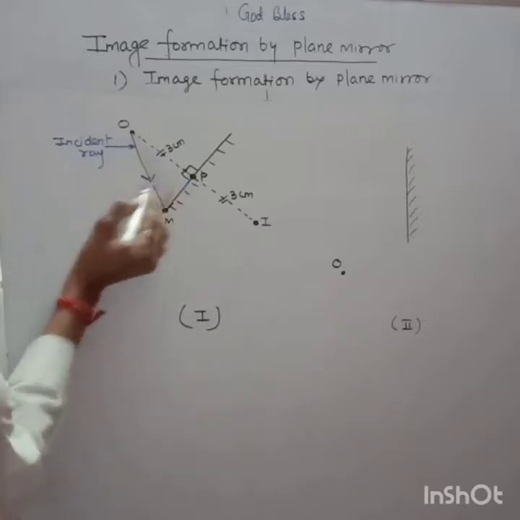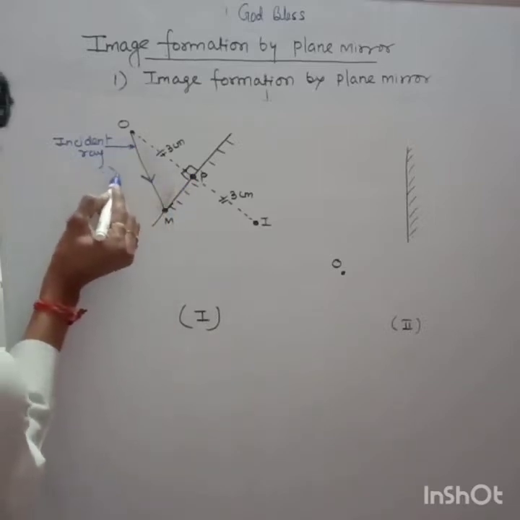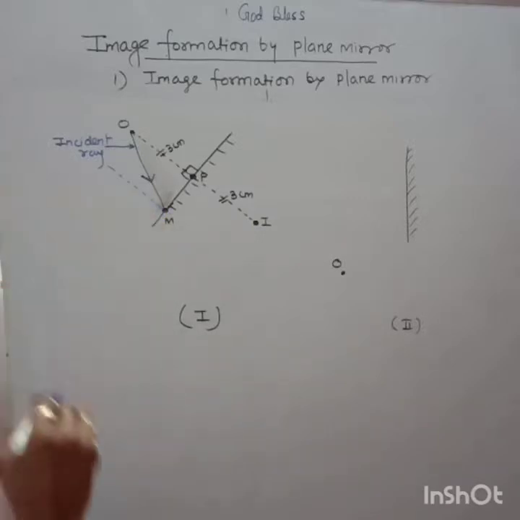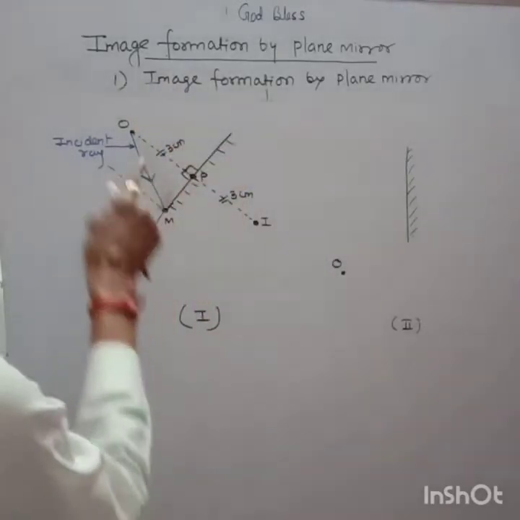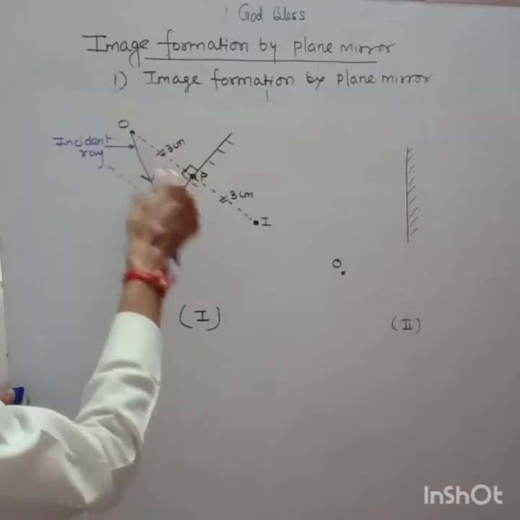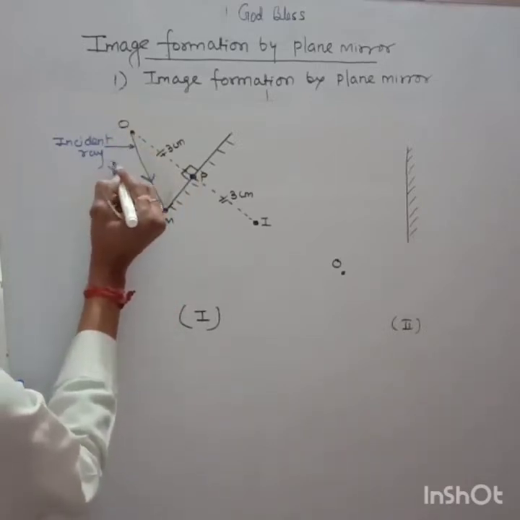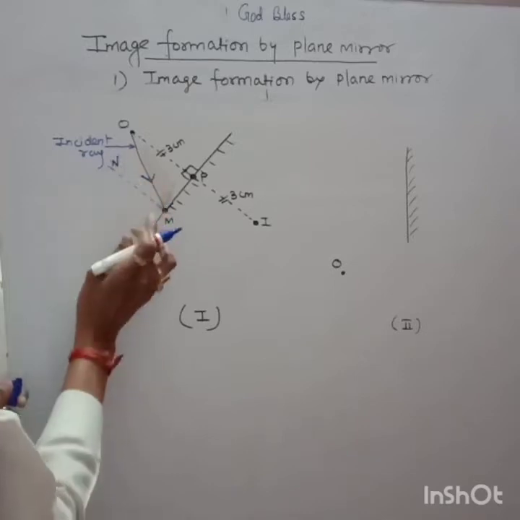Like this I have drawn. I will draw another normal here. These are the two normals. OP is also perpendicular. Similarly, here also I have drawn MN as a normal.